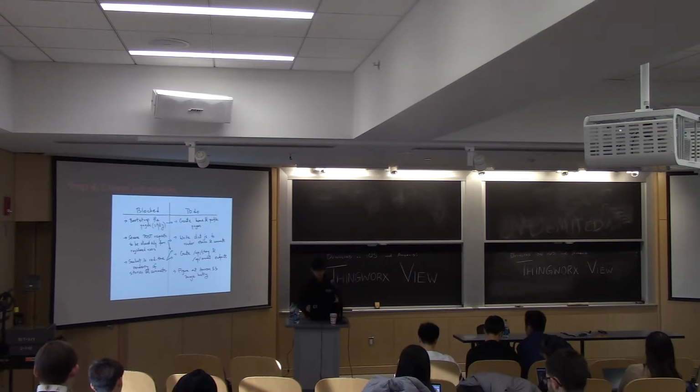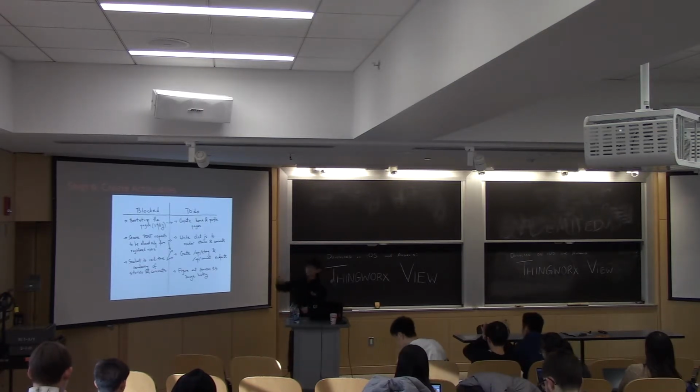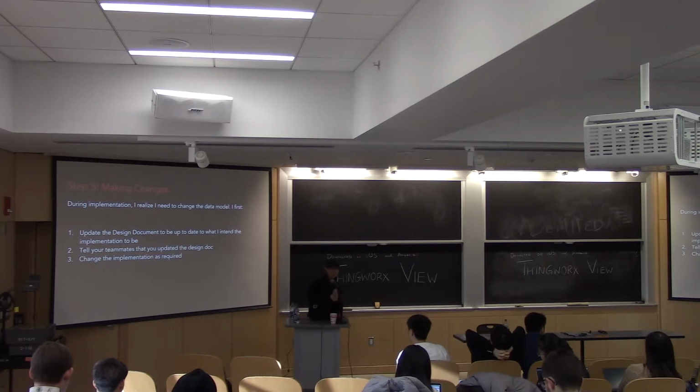So we made this, and then we just started popping things off of the to-do list. Like, okay, I'm going to do the first one, and once I'm done with that, I'm going to move on to the second one. Meanwhile, you can do the last one or something. And during implementation, I realized that I needed to change the data model several times.